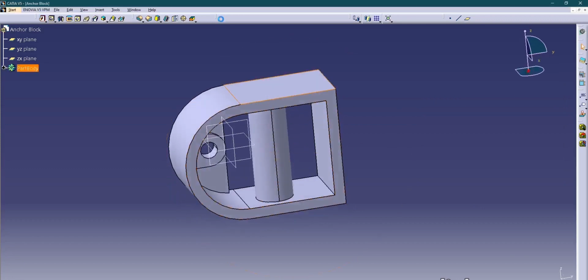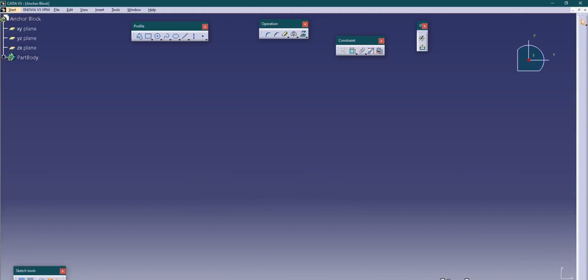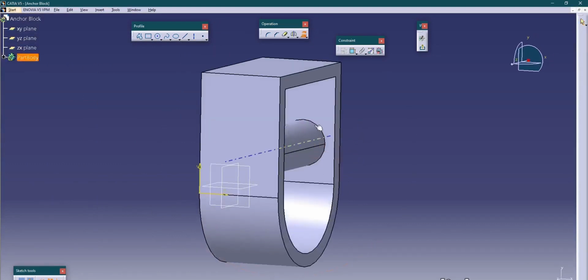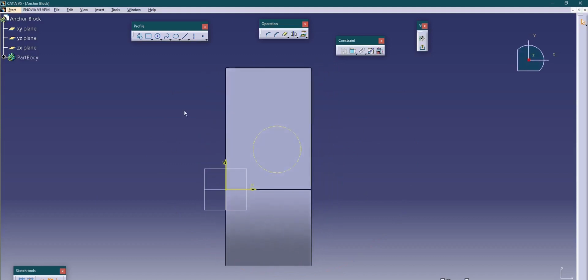Okay, now there is a hole, a through hole. So let us project the cylindrical edge, the circular edge as the reference.